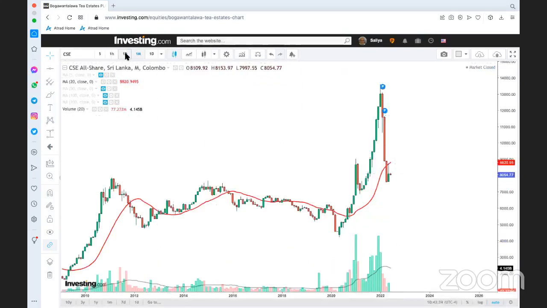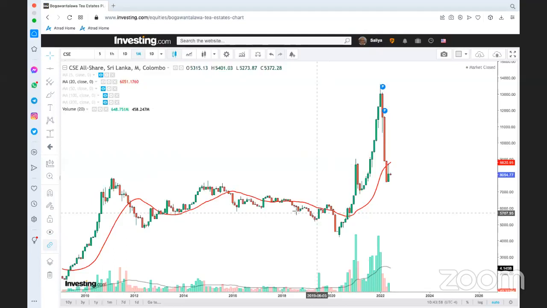Now, since we are in the monthly chart, you can see the monthly chart is below the 20 period moving average. So on a monthly basis, the 20 MA is for 20 months, and it has fallen below that.